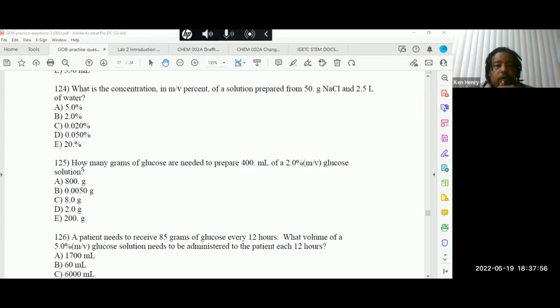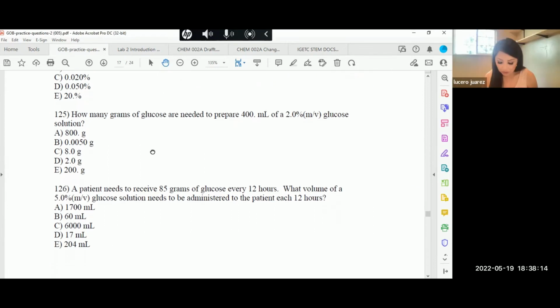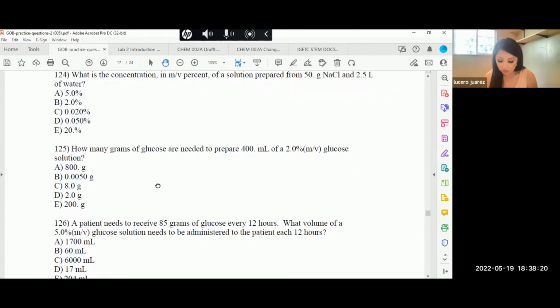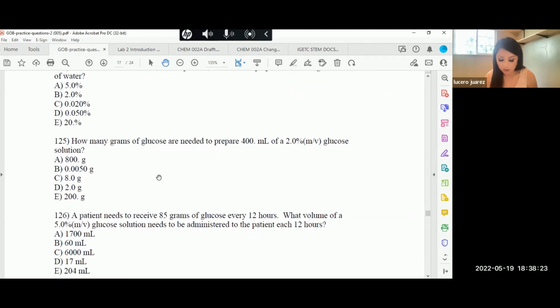How many grams of glucose are needed to prepare 400 milliliters of a 2.0% mass per volume glucose solution? We need to change that to a decimal, so we divide by 100, which is 0.02.